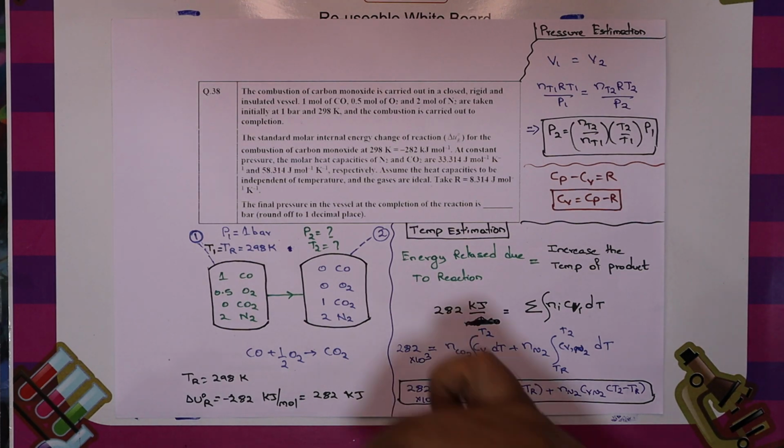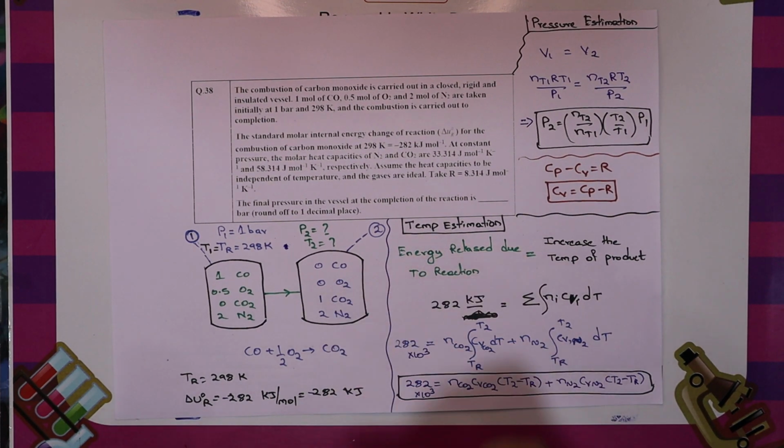So the amount of energy released because of the reaction is around 282 kilojoules. If the reaction happens, some amount of energy gets released inside the container. Because the container is insulated, whatever reaction energy is released will try to increase the temperature of the products. What are the products here?